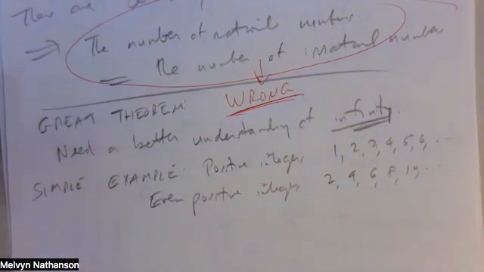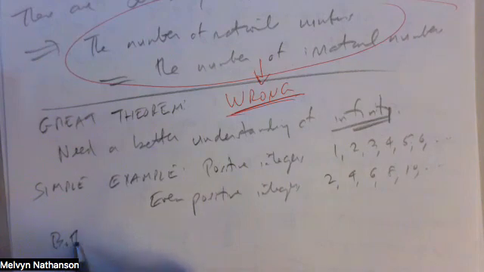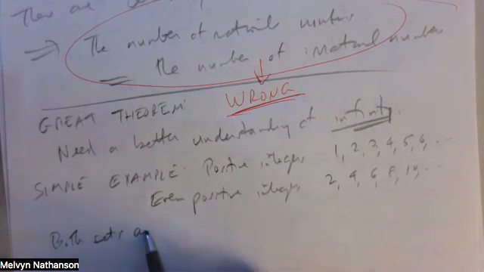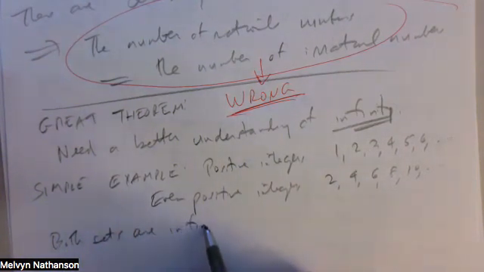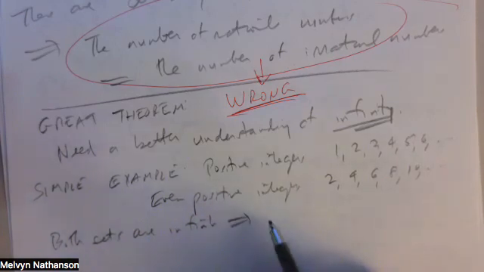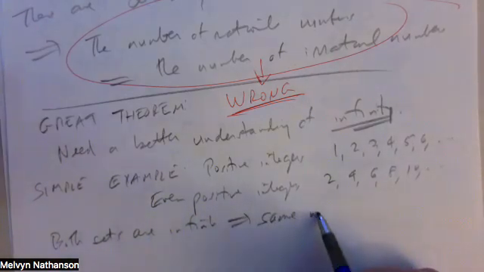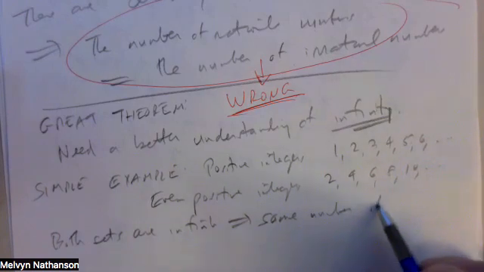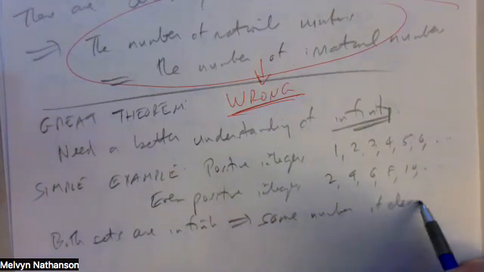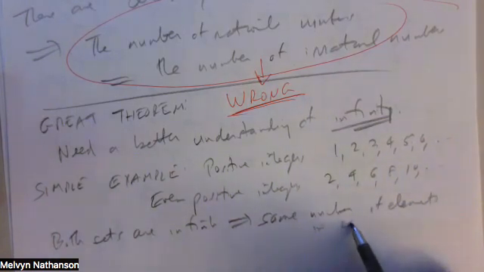So one point of view is both sets are infinite, so you have the same number of elements in each of these sets.